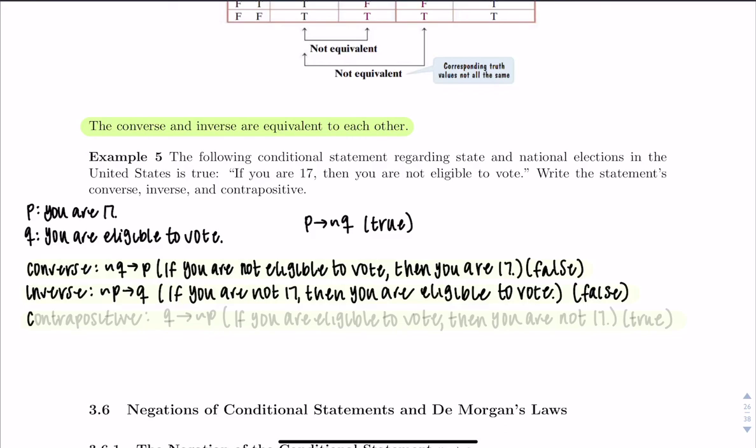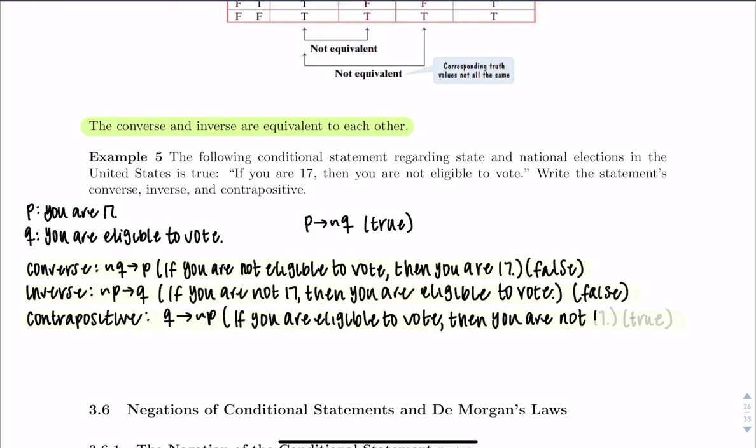And the last thing is the contrapositive. That's when you flip the two letters and you negate both of them. So that would be if not Q, then not P. So if you are eligible to vote, then you are not 17, which is a true statement.